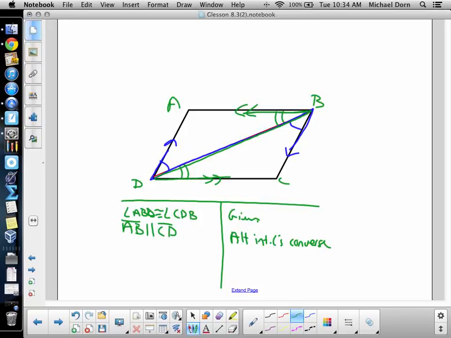Then we do the same thing with the other pair of angles. Angle ADB is congruent to angle DBC, given. So that means AD is parallel to BC, alternate interior angles, converse.